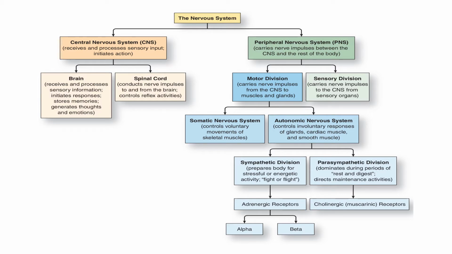So when the parasympathetic nerve is going to the organ, it's acetylcholine that's released, and it's almost always a muscarinic receptor. Now, the one thing I want you to remember is that these two, sympathetic and parasympathetic, are a two-nerve system.